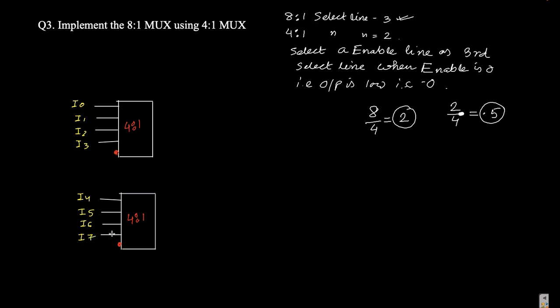Okay. So the number of select lines should be 2. One select line, second select line. We can make select lines over here also, 1 and 1 select line. Now there are the outputs, and the output is connected with an OR gate. I will give the explanation why the OR gate is required.